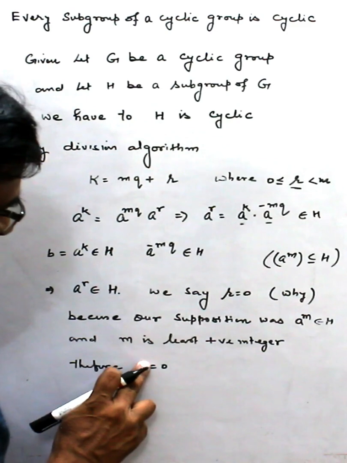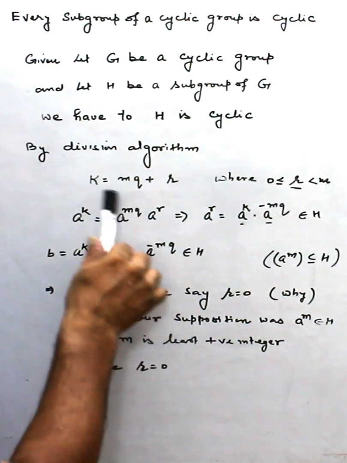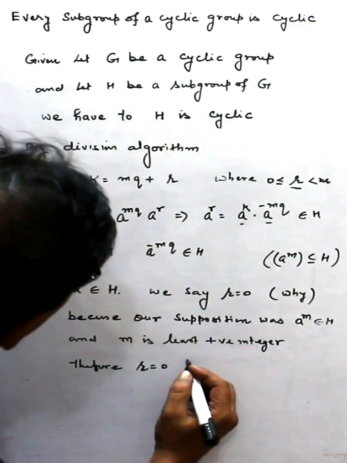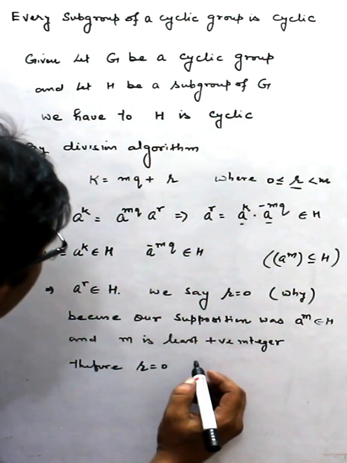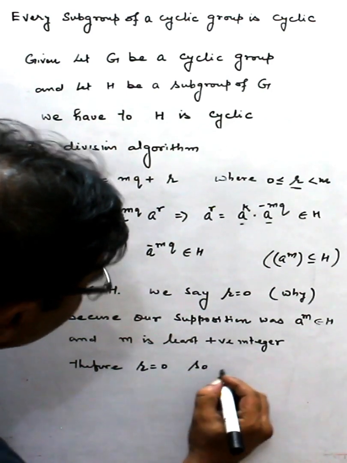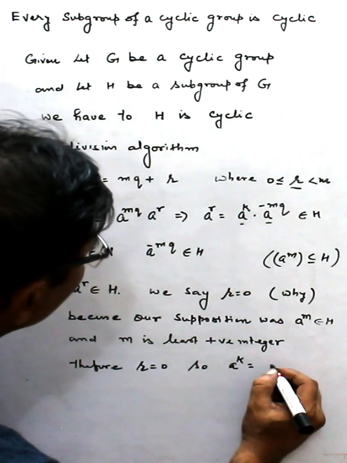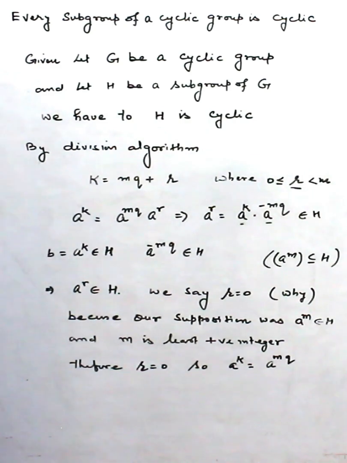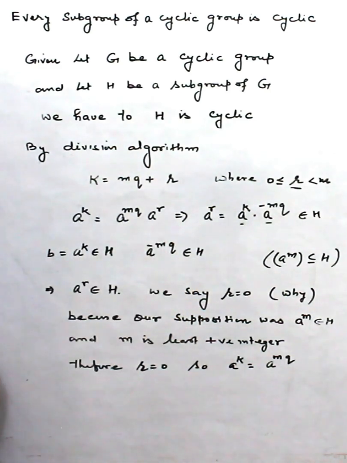r is 0. This means if in this equation I put r equal to 0, then what do I get? So a^k is equal to a^(mq). Here putting r as 0, I get this.